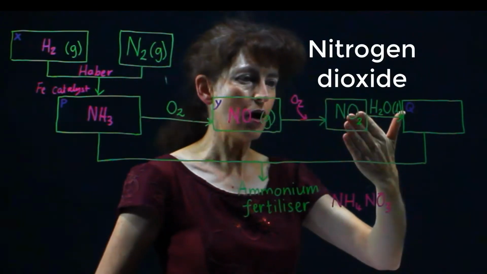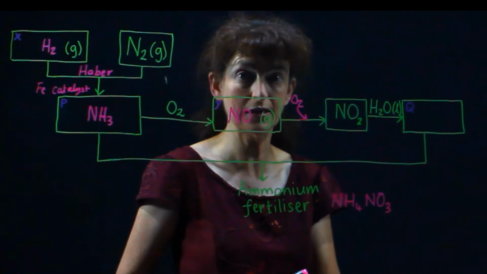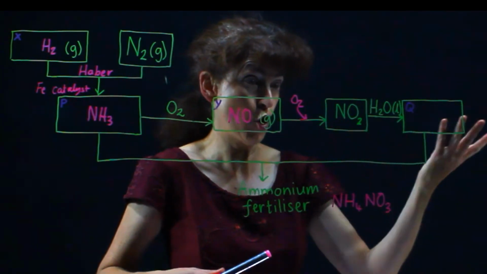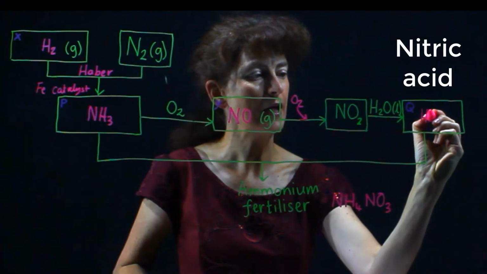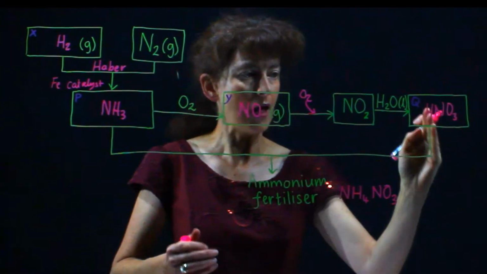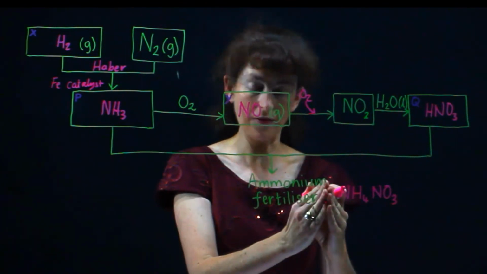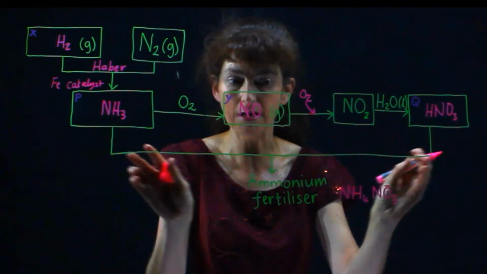The nitrogen dioxide then reacts with water to form an acid. We're told that Q is an acid. What acid has NO in it? Nitric acid, HNO3. And then nitric acid and ammonia react with one another to form ammonium nitrate. And can you see that that's a simple combination reaction?